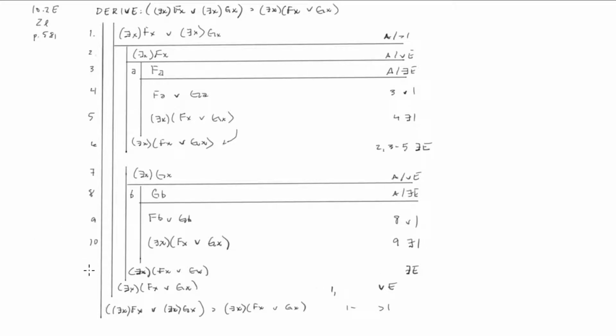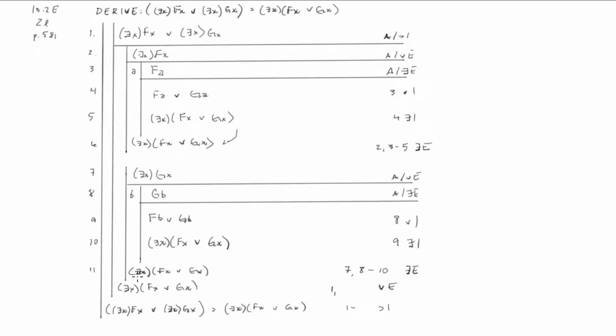Line 11 then is going to be our application of existential elimination. This time on the existential on line 7, and then the subderivation 8 through 10, existential elimination.